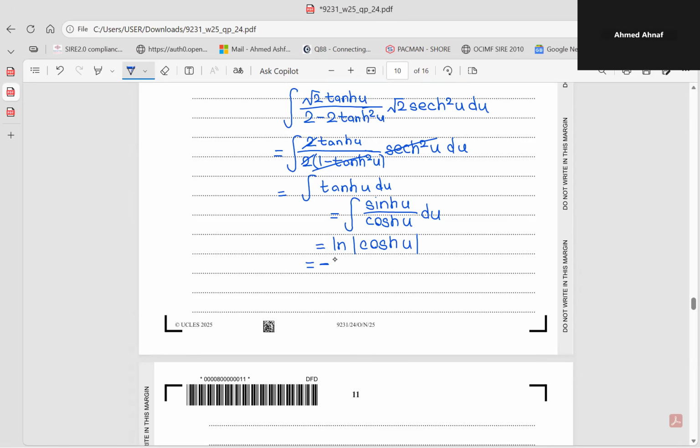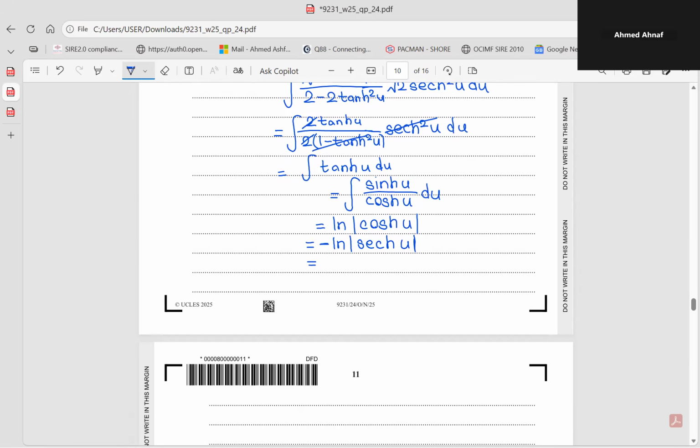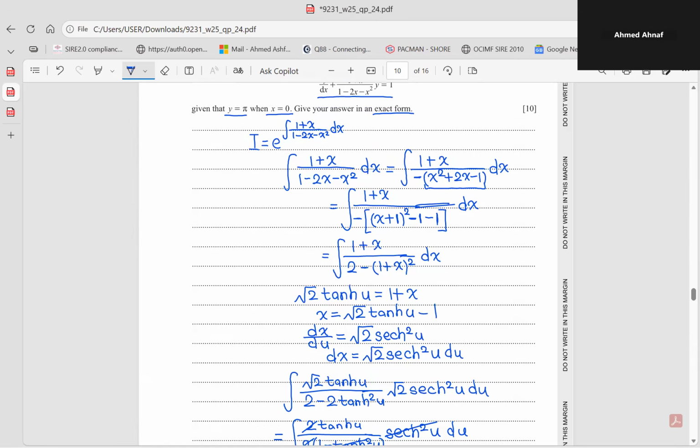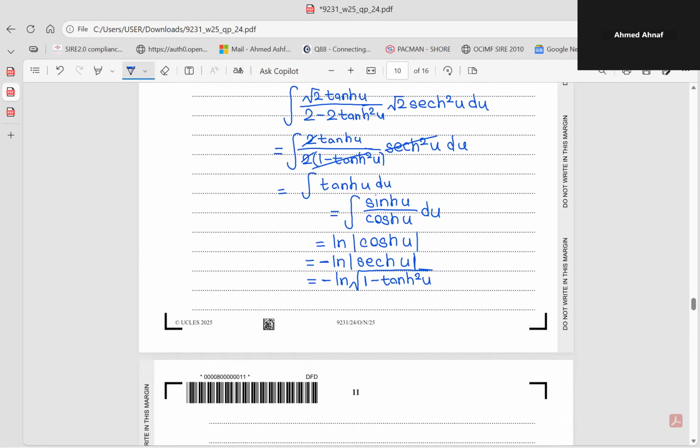This is actually the same as minus ln sec u, and sec square u is 1 minus tanh square u, so this is minus ln square root 1 minus tanh square u.